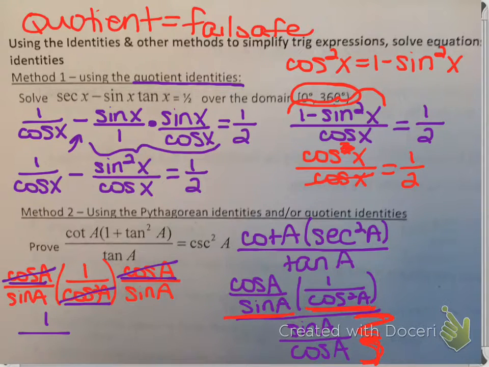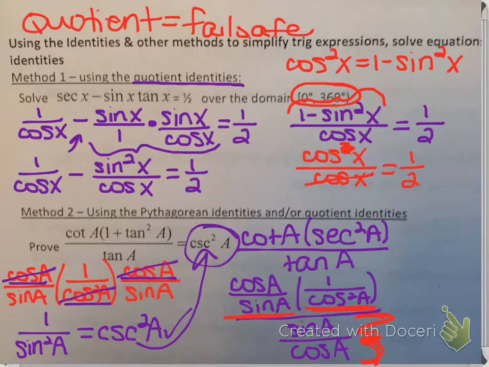And then on bottom you have sine of A times sine of A, which is sine squared of A. And then you're actually at your endpoint, because 1 over sine squared of A is the definition for cosecant squared of A. Check. We're done. We proved it became what it was supposed to become. Okay? And that's how you do a proof.